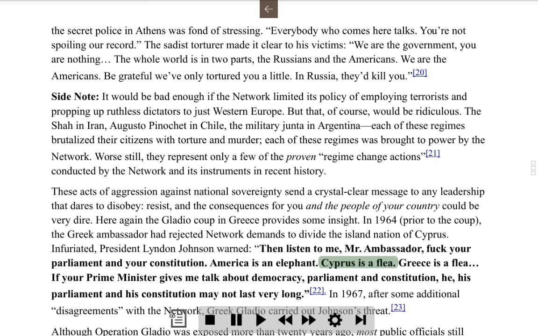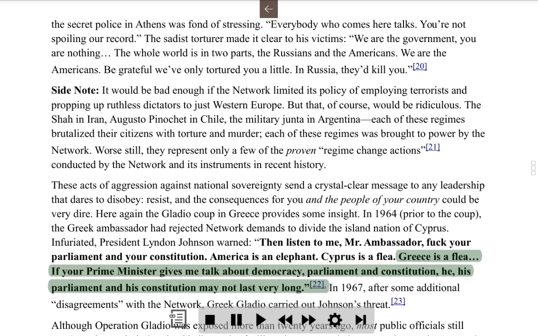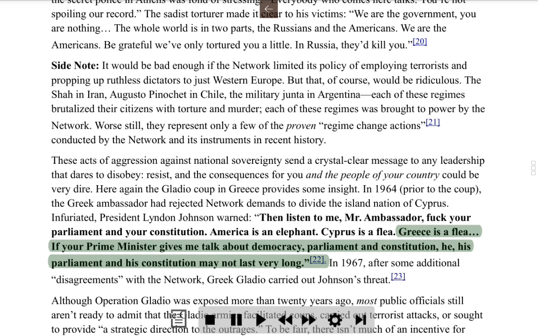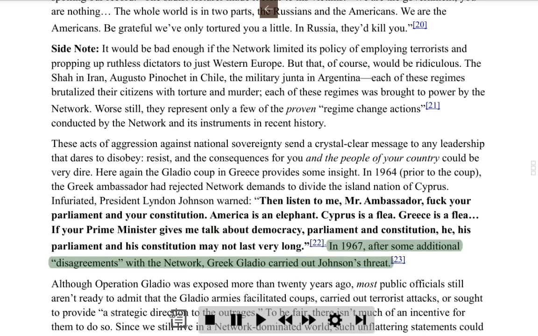America is an elephant, Cyprus is a flea, Greece is a flea. If your prime minister gives me talk about democracy, parliament and constitution, his parliament and his constitution may not last very long." 22. In 1967, after some additional disagreements with the network, Greek Gladio carried out Johnson's threat.